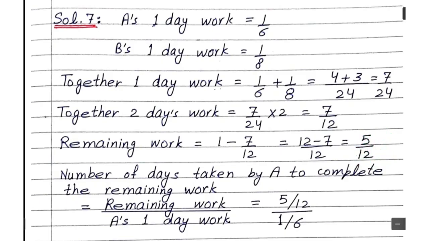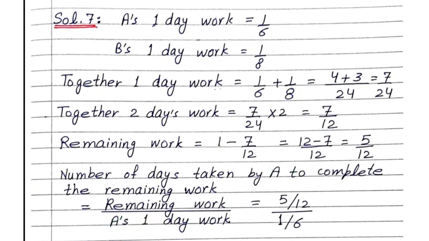So now let us use the formula. Number of days taken by A to complete the remaining work. Children, remember here, it is remaining work we are talking about, right? So the formula is remaining work, that is whatever the work is left, divided by one day work. Since A is supposed to complete the remaining work, we take A's one day work. If B is supposed to complete the remaining work, in that case, we will take B's one day work.